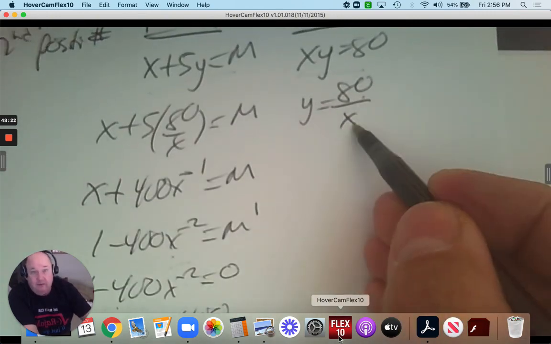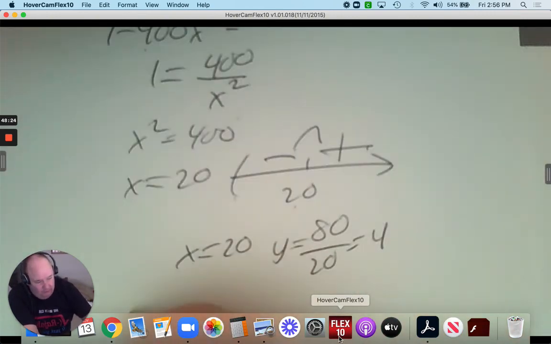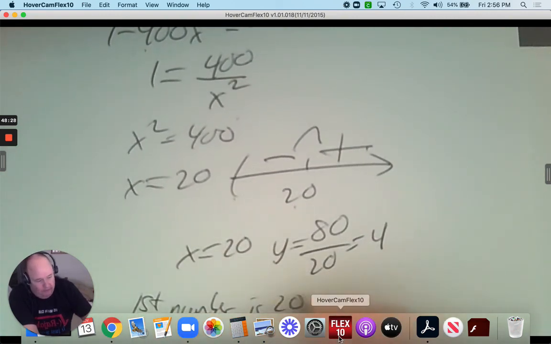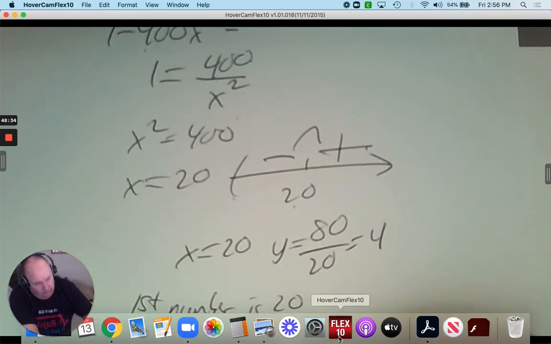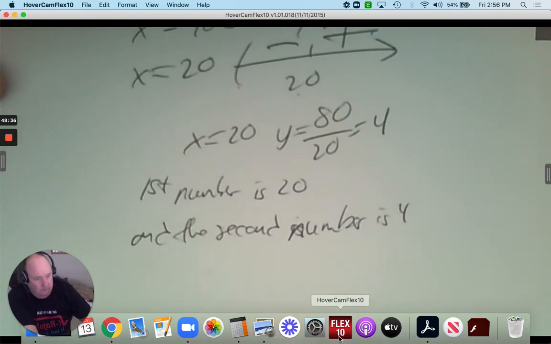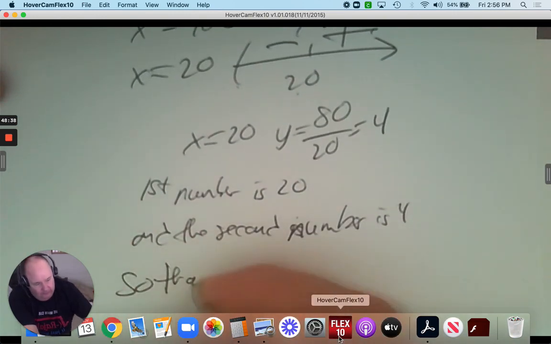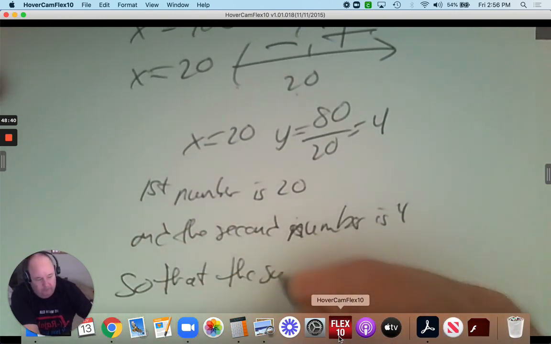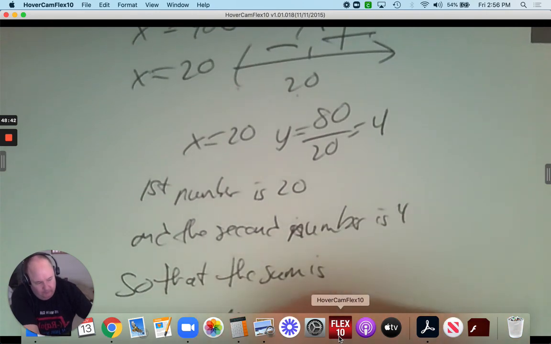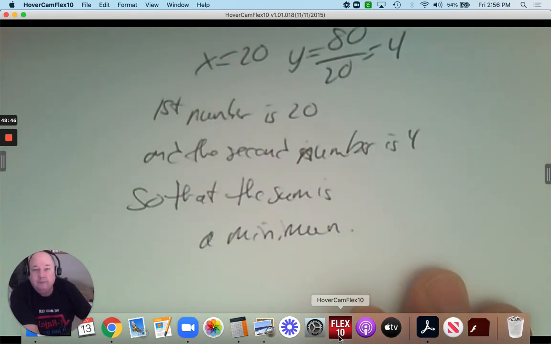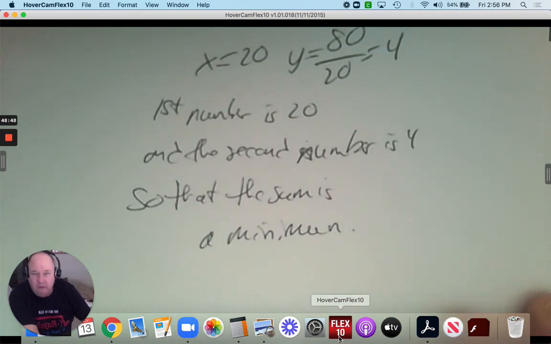So the first number is 20, and the second number is 4, so that the sum is a minimum. So that's an optimization question.